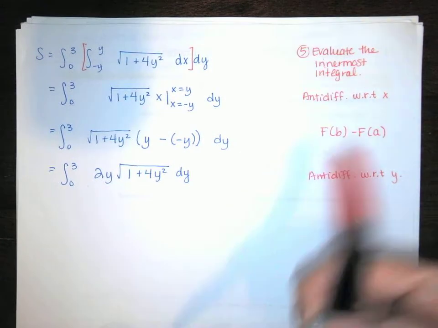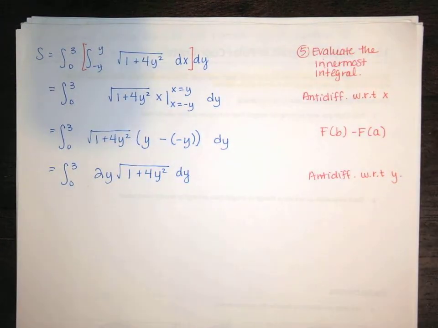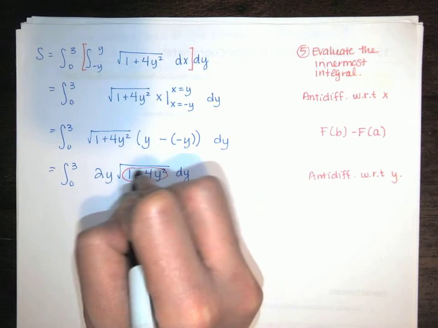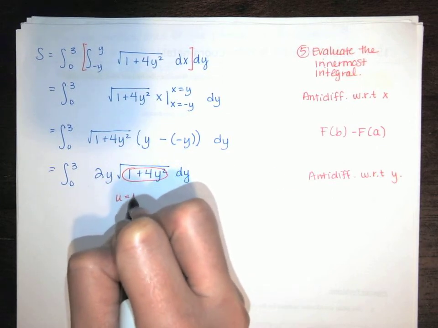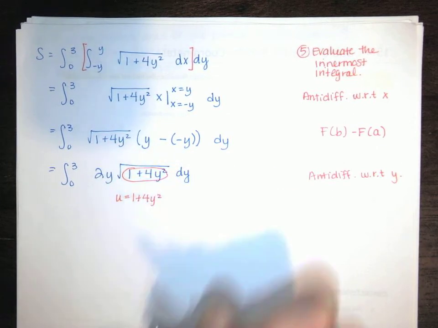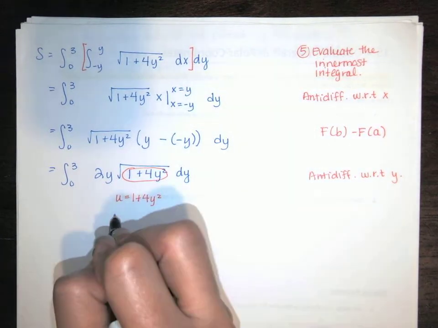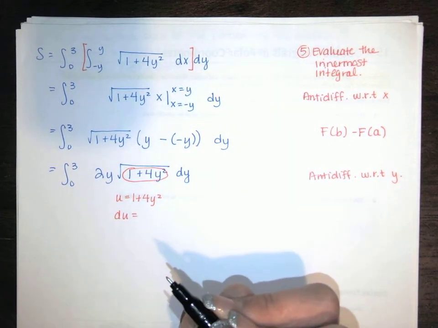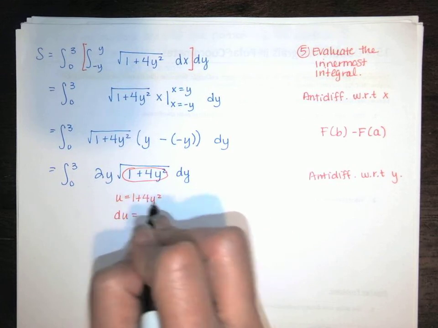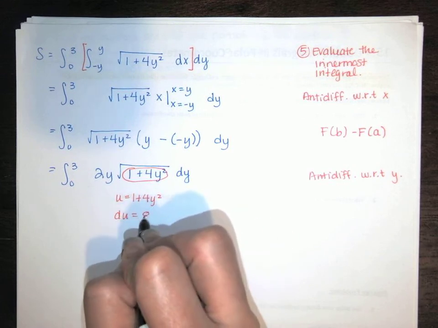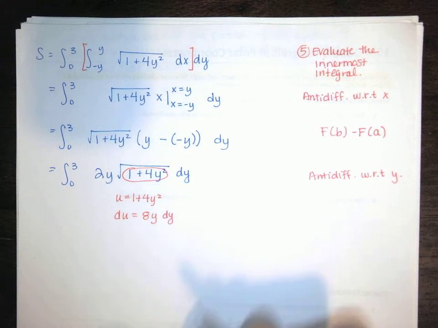All right. So I've got a function nested inside another function. So if it is a U sub, that's probably my u. And to figure out if it truly is a U sub, I just take the derivative of that. The differential of u is the derivative of this, so that's 0 plus 8y times dy.